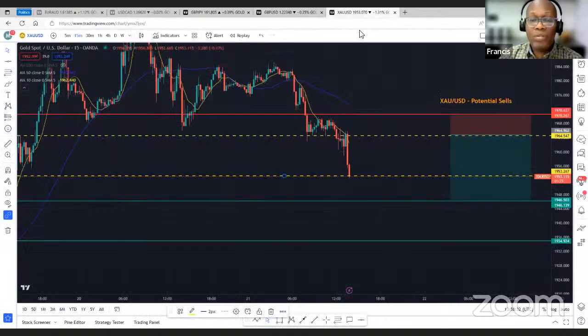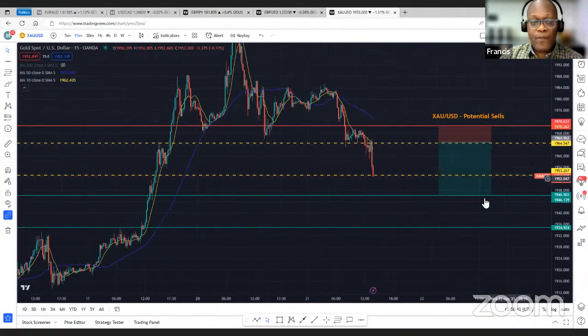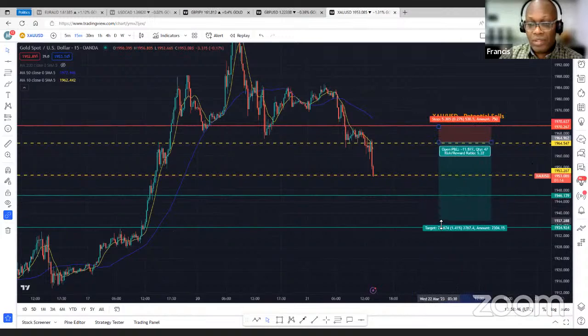Let's have a quick look at the gold. Oh, okay, so the gold has pushed even lower. With the gold, we're looking at a drop to here.